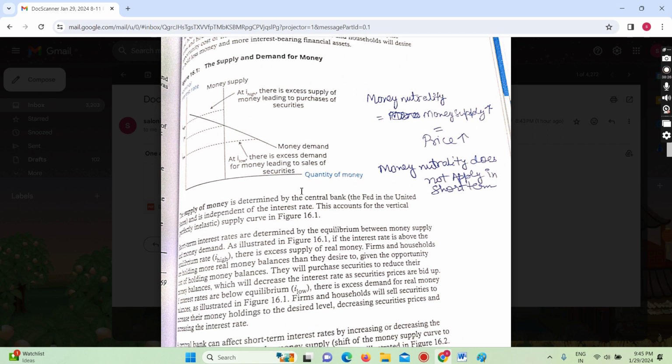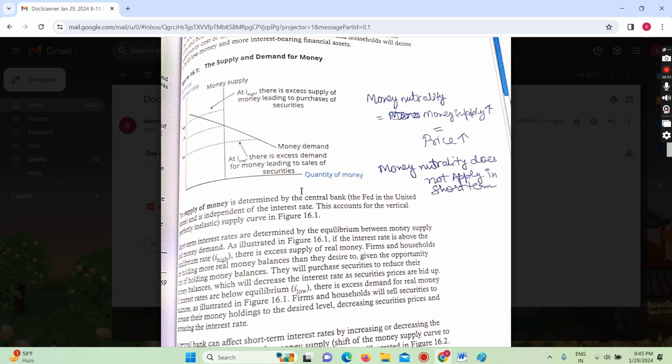They will purchase the security to reduce it. If interest rates are below equilibrium, there is excess demand for real money balance as illustrated in this figure. Firms and households will sell security to increase their money holdings to the desired level, decreasing security price and increasing the interest rate. A central bank can affect the short-term interest rate by increasing or decreasing the money supply.